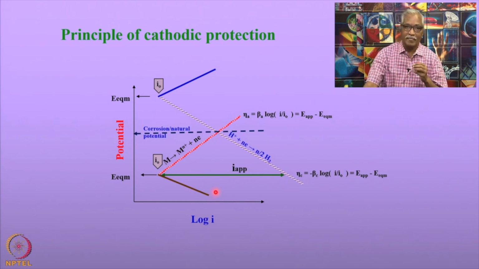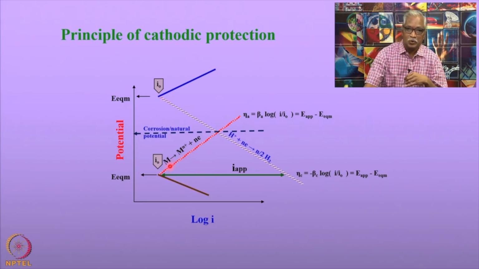Now, as you notice, the corrosion current density and the corrosion potential are governed by parameters such as the exchange current density for the cathodic reaction, the exchange current density for the anodic reaction, and the Tafel relationship for the anodic reaction, that is the metal oxidation process, and the Tafel equation for the cathodic reaction, that is the reduction of some species such as oxygen or H plus ions on the metallic surface.